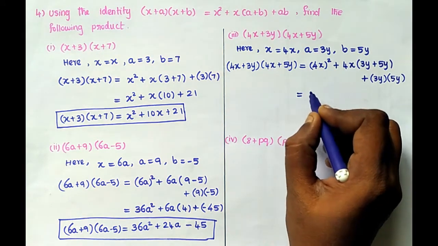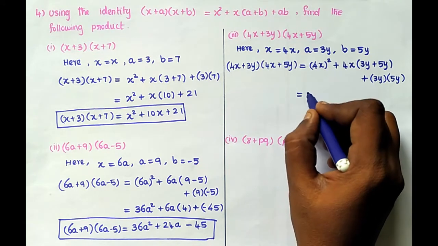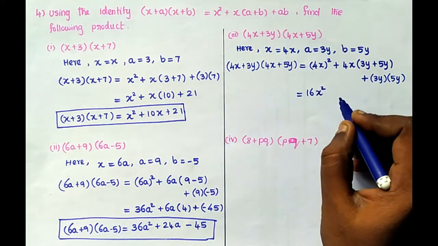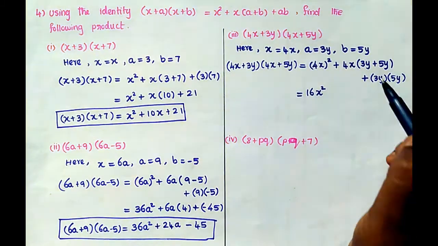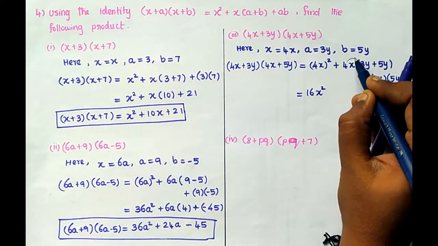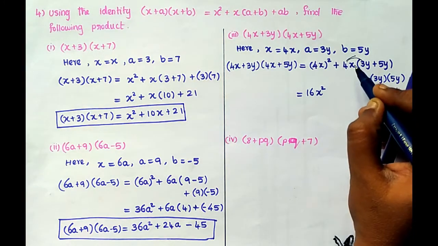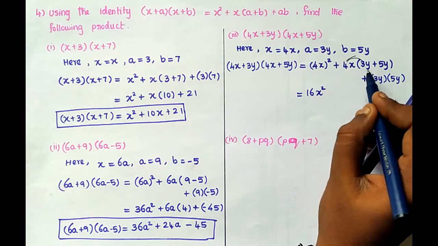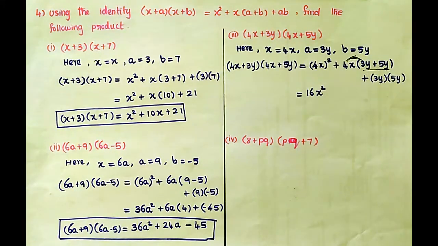Now simplify that, 4x whole square, so 4 squared means first 16 x squared, then listen here, multiply the 4x with these two terms. First add these terms, y terms, and then multiply with 4x.